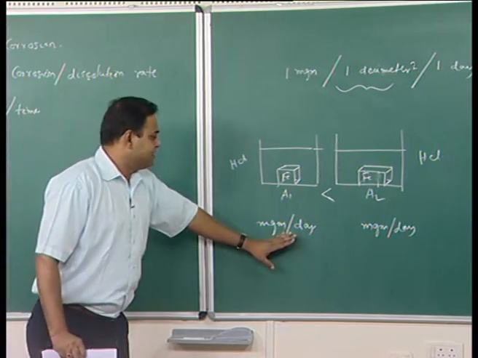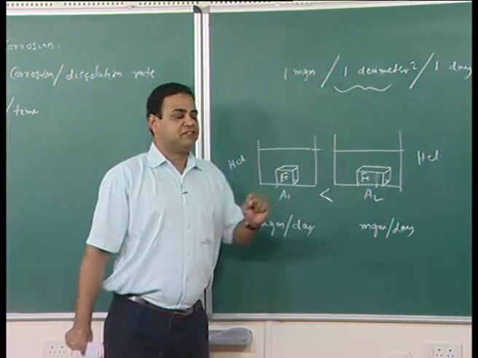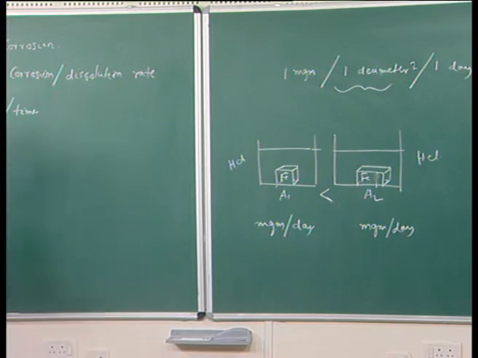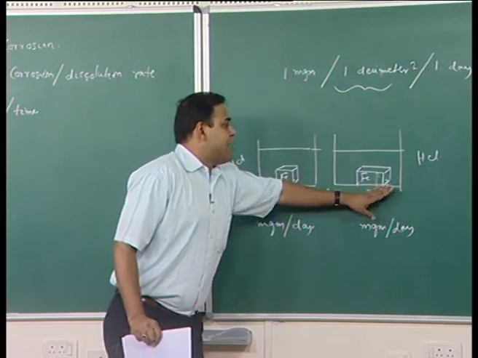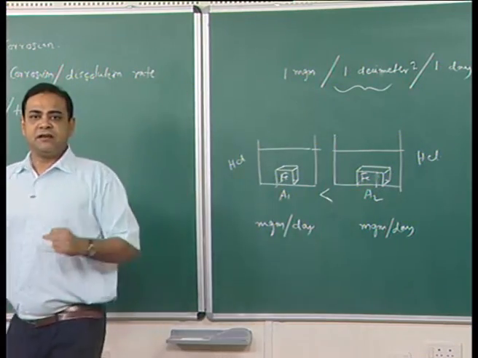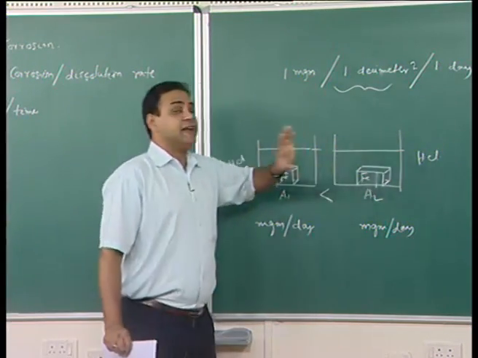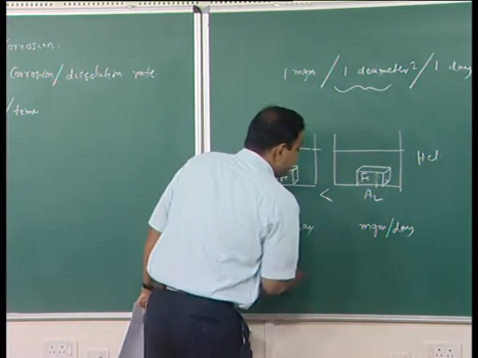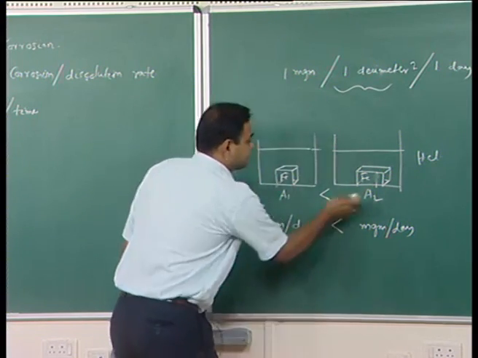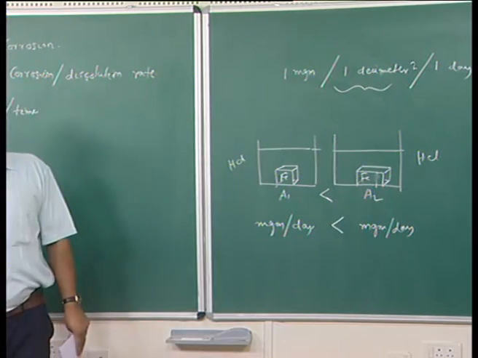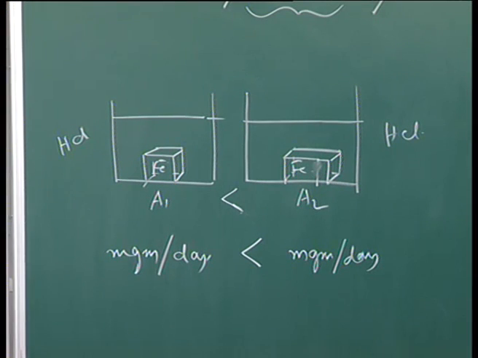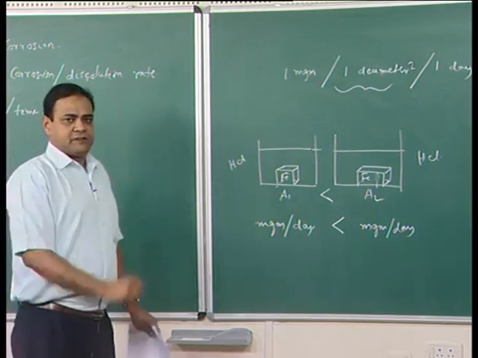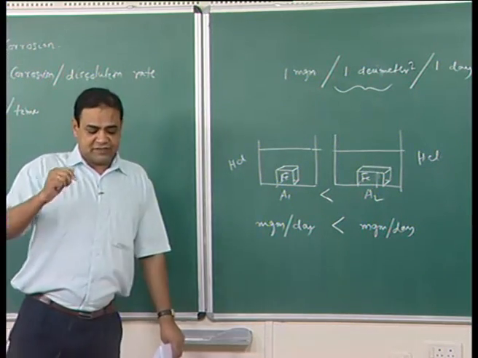But you will see that the corrosion rate in this case is more than in this case. It should not happen like that. Why is it happening? Because you have more exposed area in the HCl media of the same concentration. One important factor with corrosion is that corrosion always happens on the surface.